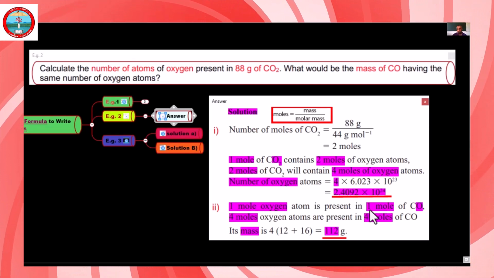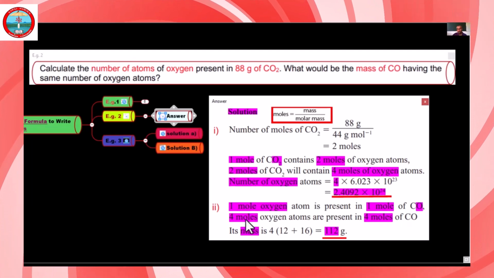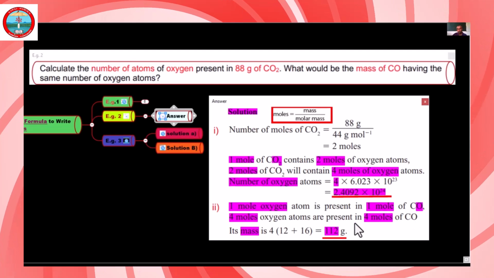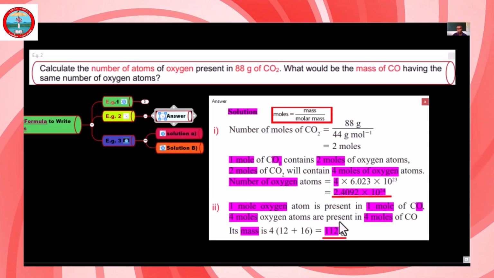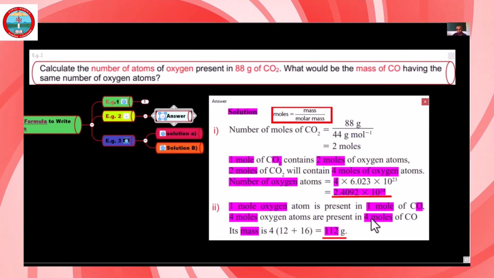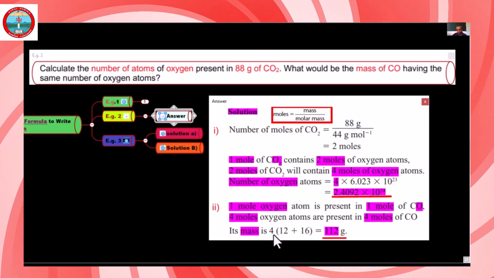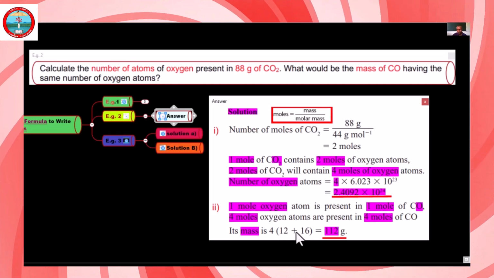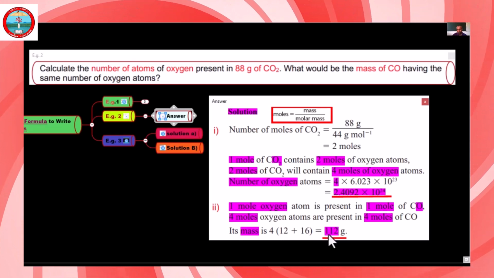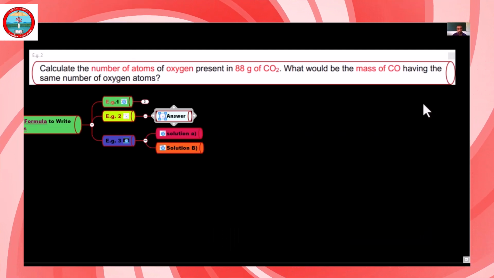So to have 4 moles of oxygen we need 4 moles of carbon monoxide. So the mass in gram is equal to 4 times the mass of carbon plus the mass of oxygen, and this is 112 gram of carbon monoxide that will be present.